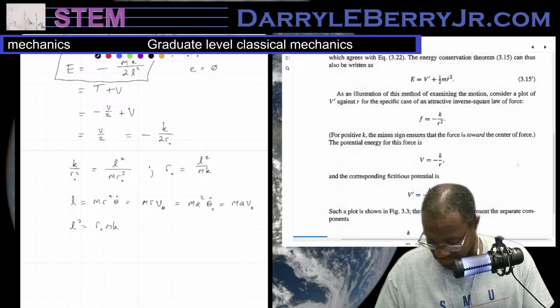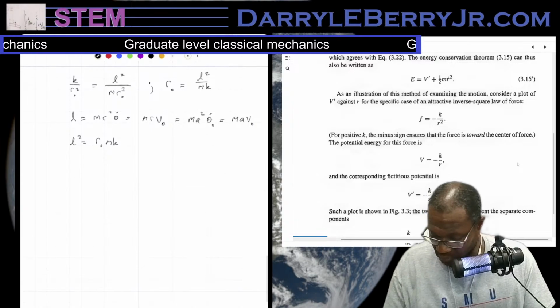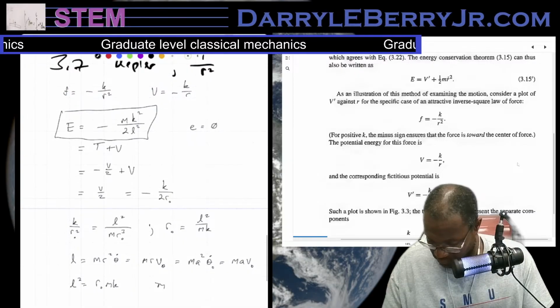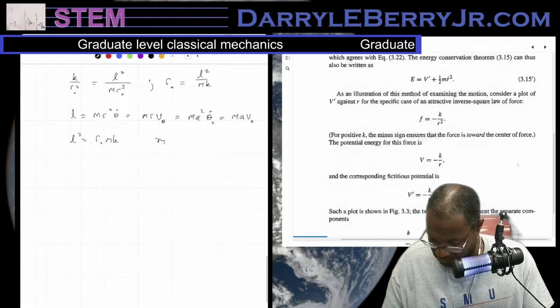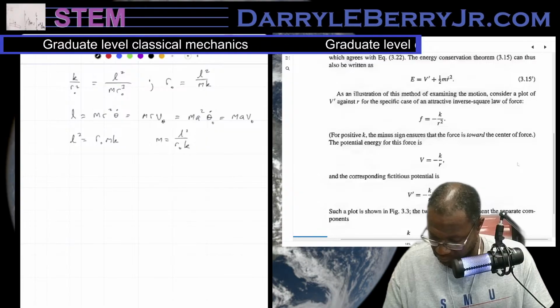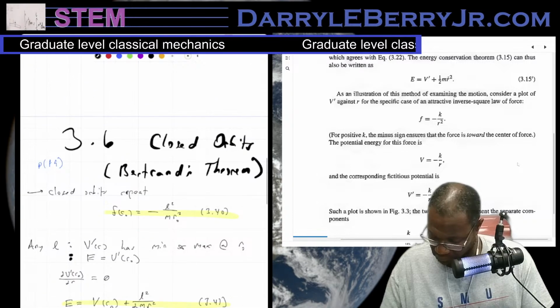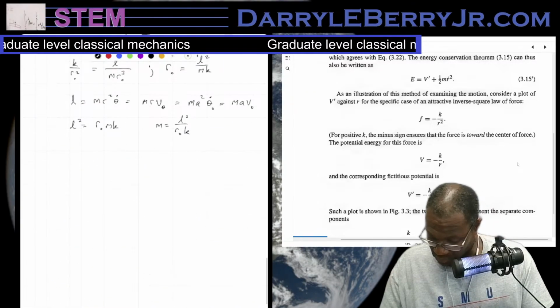That still won't give me, there's only one R in the denominator. So M equals L squared over K. L squared is that.